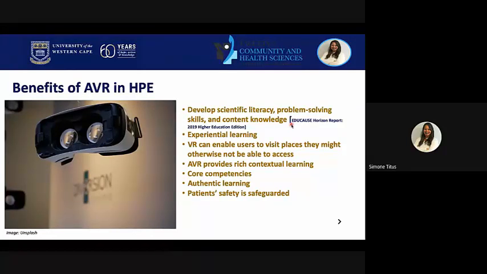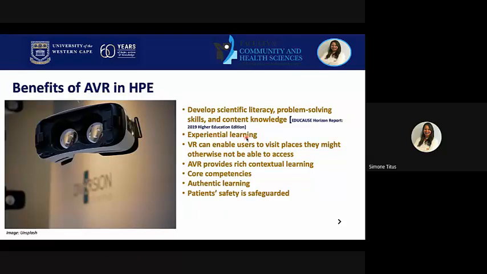Furthermore, these technologies are very well suited for experiential learning education practices, because through simulations and 360 video, virtual reality can enable users to visit spaces and places that they might otherwise not be able to access, such as the human body.